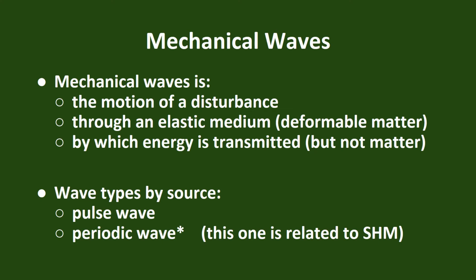For example, the medium through which you're hearing me right now is air, and that disturbance, that mechanical wave that's responsible for your ability to hear, is sound, and there's energy involved. I produce energy. It's captured by the computer. It's then transmitted from your speakers on your side out, and you're able to hear it. And that's a perfect example of a mechanical wave, and a very important one for that matter.